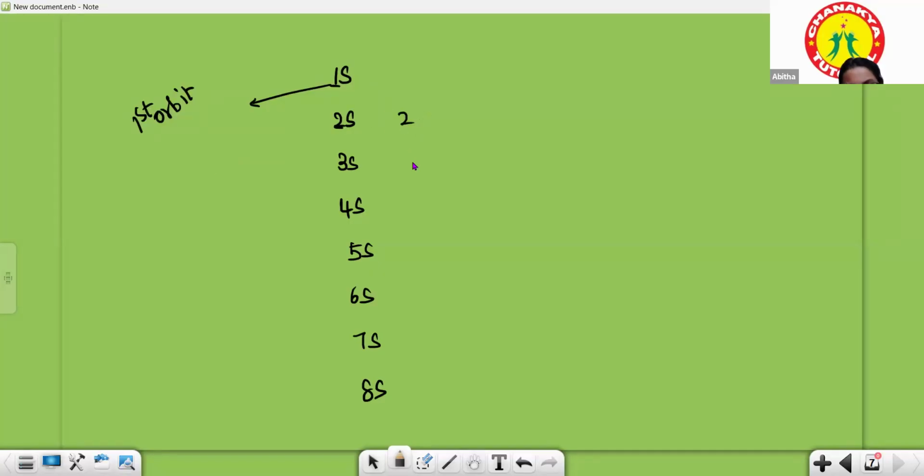So 2p, 3p, 4p, 5p, 6p, 7p. Leave one at the top and bottom and start writing from here. After p, it is 4d, 5d, 6d, 7d.